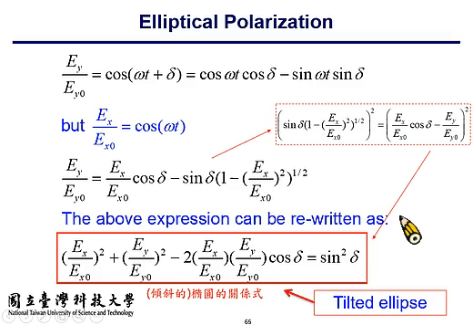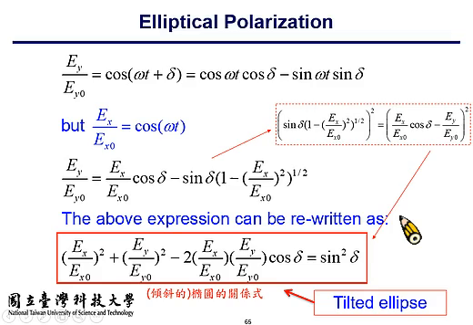And this is the equation for the locus of a tilted ellipse, 倾斜的椭圆形的函数啊，倾斜的椭圆形函数。为什么说它是倾斜的？Why do we say that it's a tilted ellipse?